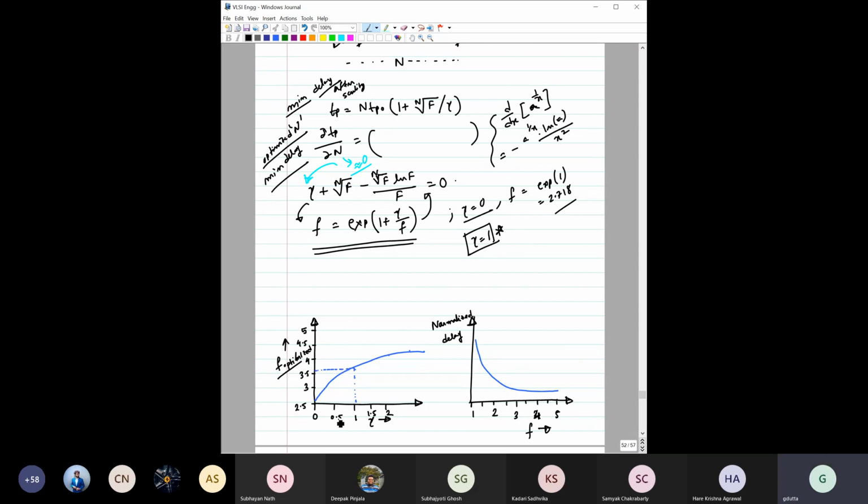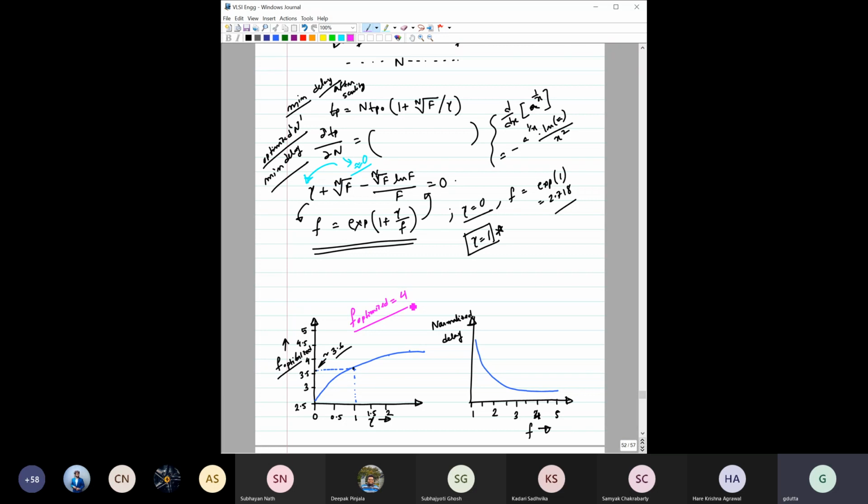If you plot for different gamma, this plot would come something like this. Here you can clearly see for gamma equal to 1, the value comes around 3.6. So from this perspective, typically we will say f optimized equal to 4.